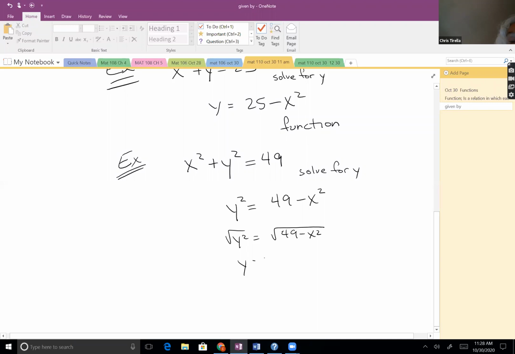And wouldn't I get, thinking about what we did with that square root problem, two roots, a positive and a negative one? And so if I have two roots, doesn't that tell me that there are two y values for each x value? And so this one is not a function.